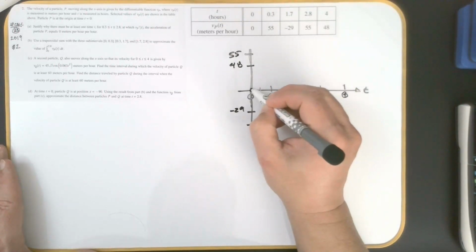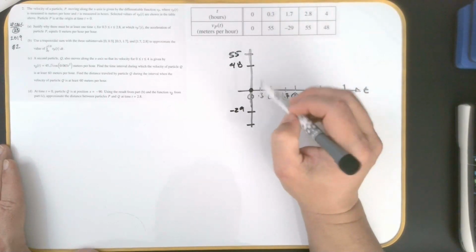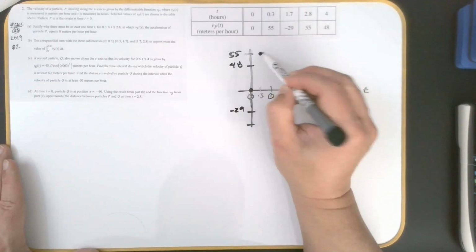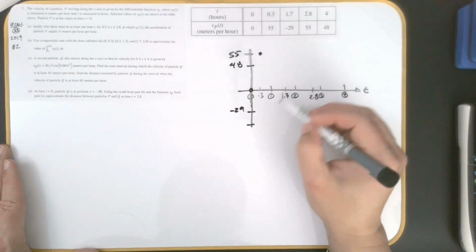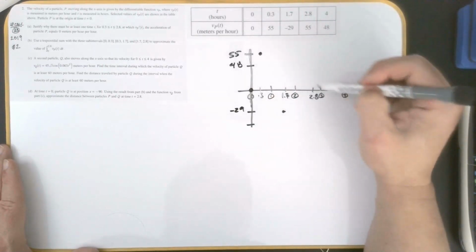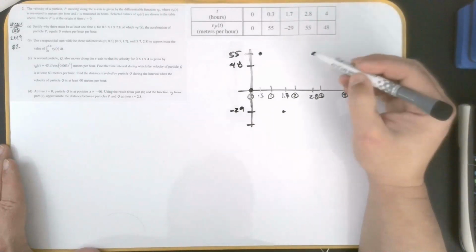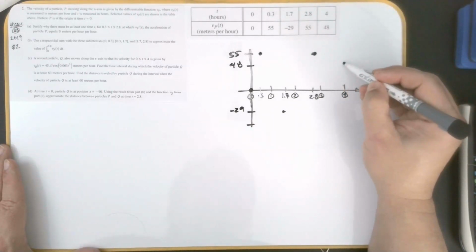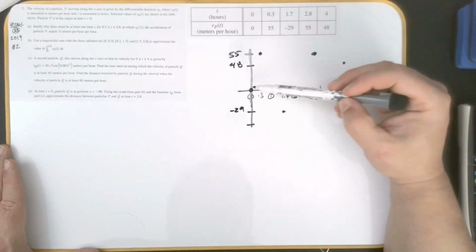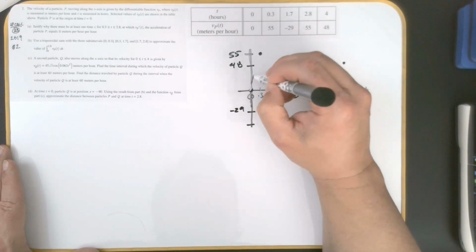So at 0, we have a value of 0, and then at 0.3, we have a value all the way up here at 55. At 1.7, we are down at negative 29. At 2.8, we return to this height here at 55. And then at 4, we are at 48. So based on the selected values, it's possible that we have this going on.